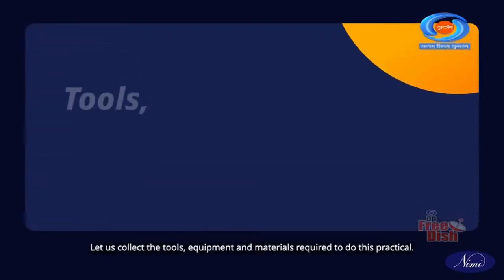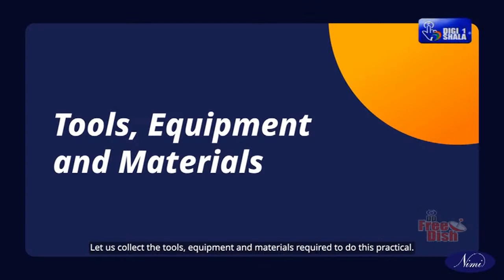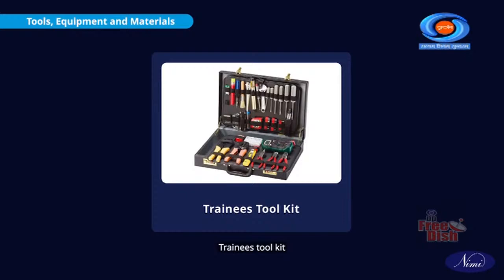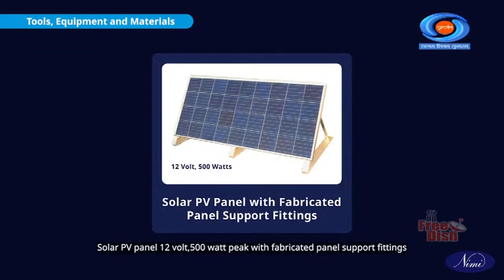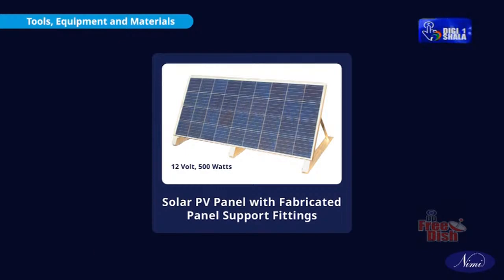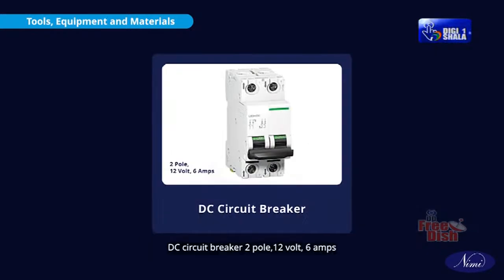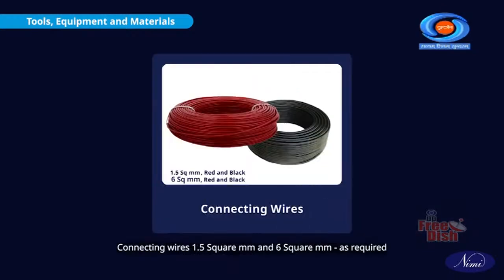Let us collect the tools, equipment and materials required to do this practical. Digital multimeter with probes, trainee's toolkit, solar PV panel 12 volt 500 watt peak with fabricated panel support fittings, solar charge controller type PWM, system voltage 12 to 24 volt, maximum output current 50 amps, DC circuit breaker 2 pole 12 volt 6 amps, connecting wires 1.5 square mm and 6 square mm as required.